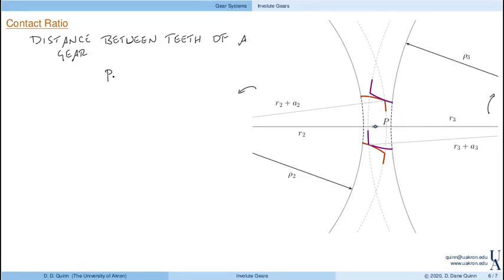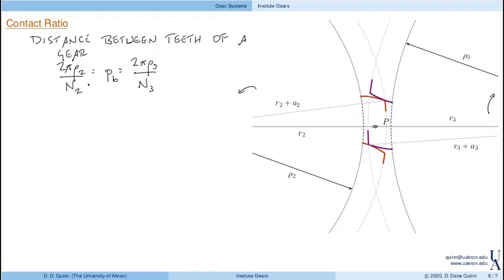Again, that's PB. So it's 2 pi rho 3 divided by N3, the circumference of gear 3 divided by the number of teeth. And that, of course, had to be equal to 2 pi rho 2 divided by N2, the circumference of gear 2 divided by the number of teeth.